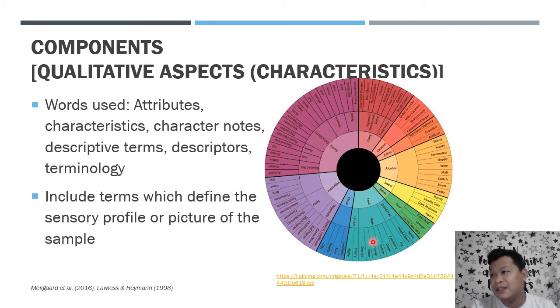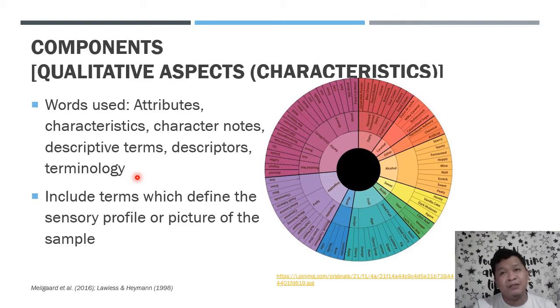So this is most likely for, well, you can maybe use this for wine. Okay. All right. So usually you need a dictionary for this. You start by looking for terms and defining them, especially as they relate to the specific sensory profile of your food or food group. So if you're evaluating more than one sample, usually yung descriptors na pinipili mo ay yung medyo mas common sa kanilang lahat.